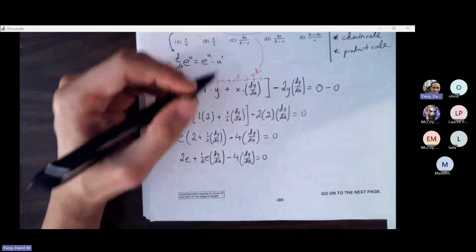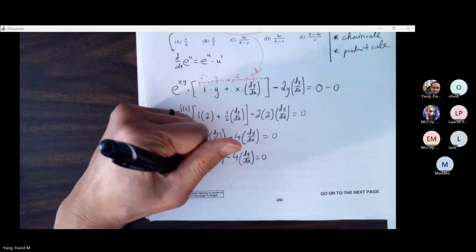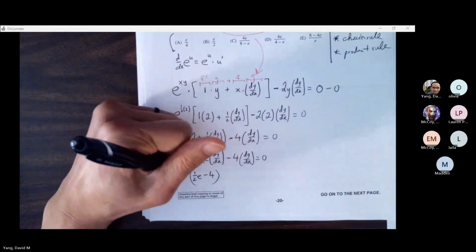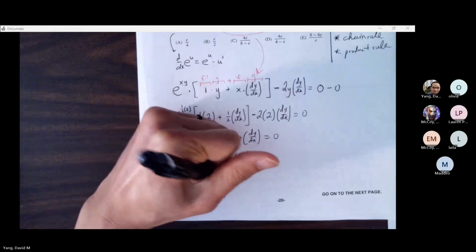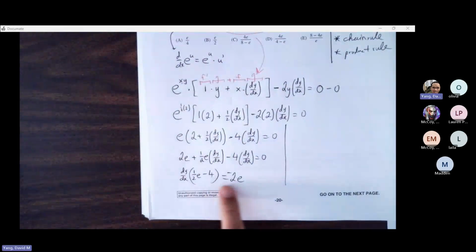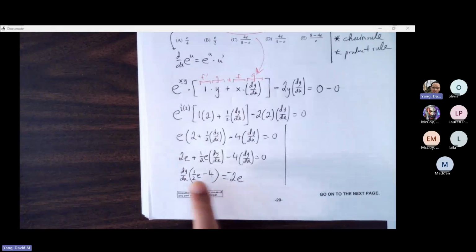Let me group my dy dx terms together. So subtract the 2e over. Now I just have to divide my parentheses over.